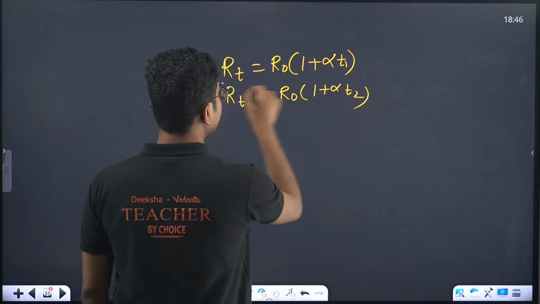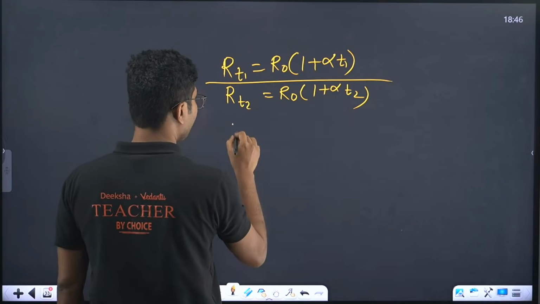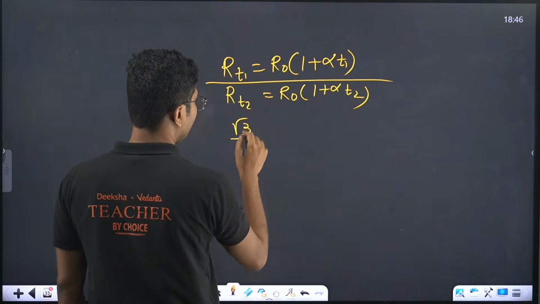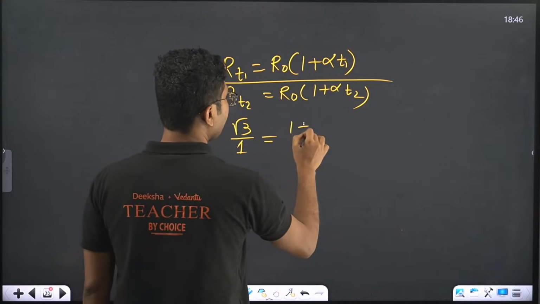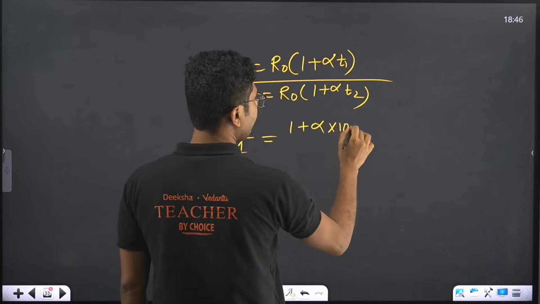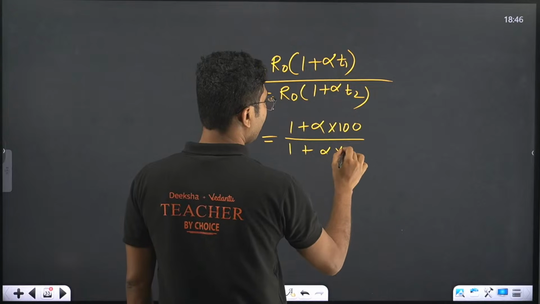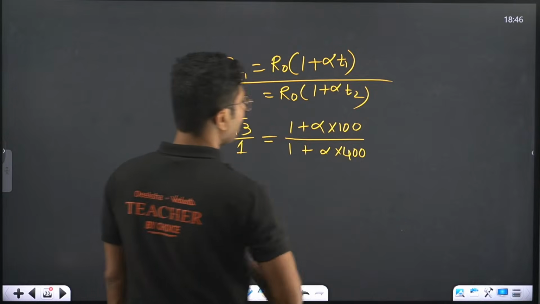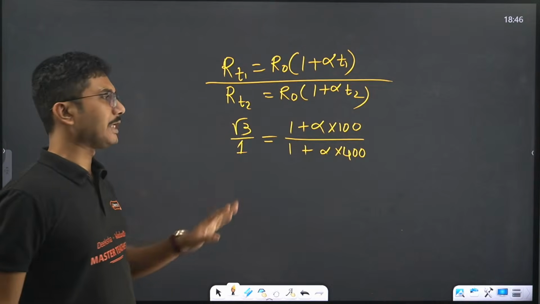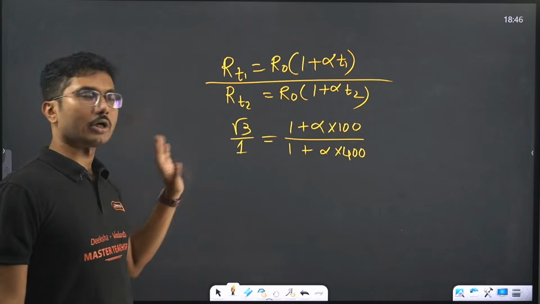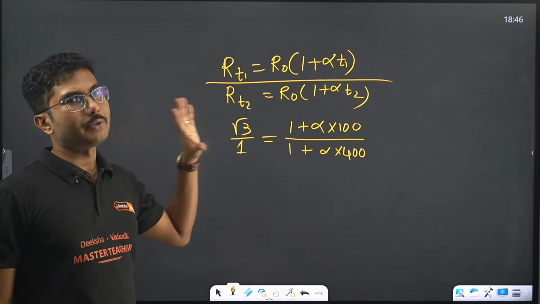Now divide them. T1 is root 3, T2 is 1, and then you will get 1 plus alpha into 100 over 1 plus alpha into 400. This will take longer, and the answer you will get is almost the same. The way I have solved is the shortcut way, and your answer will be closest.